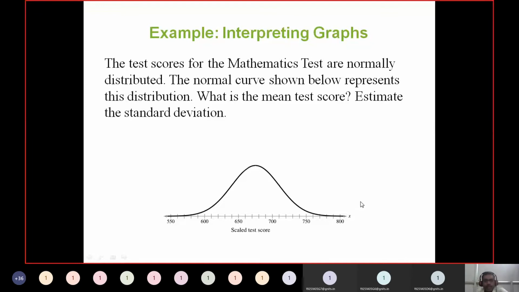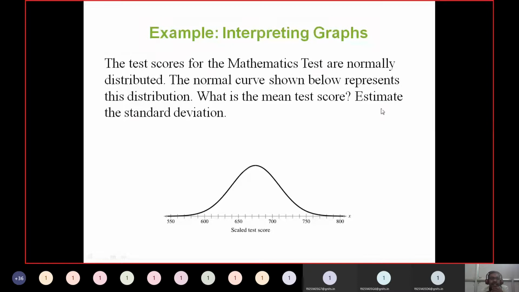Just look at the line of symmetry and tell me. 650, 660, 670, 680, 690, 700. The line of symmetry is at 670, right? So just by observing the graph, sometimes we are able to predict the mean.